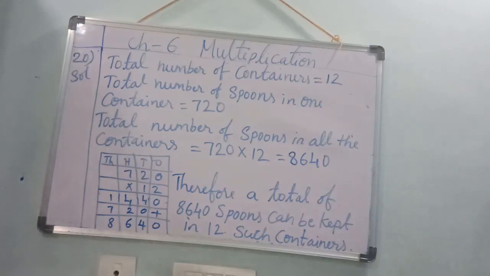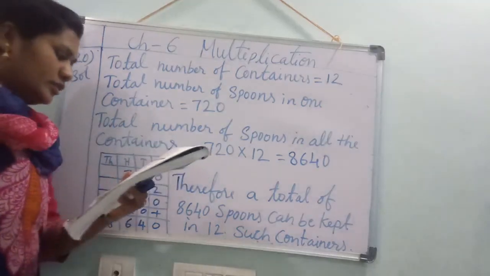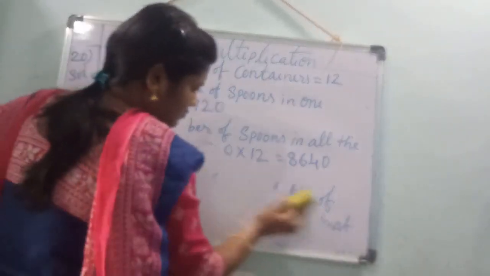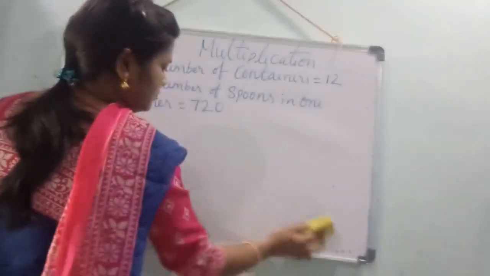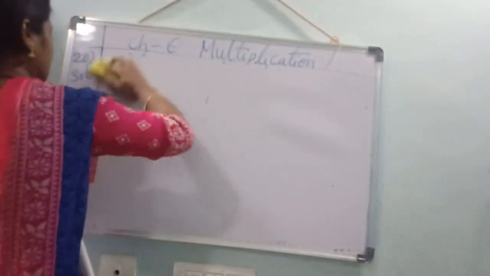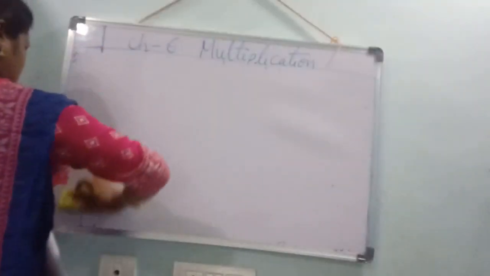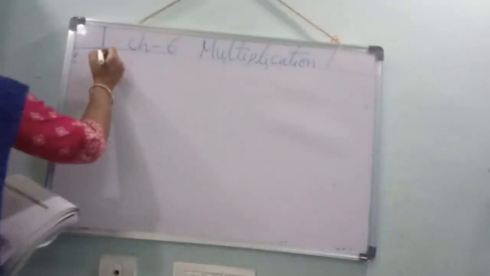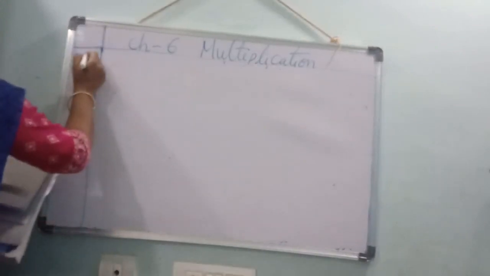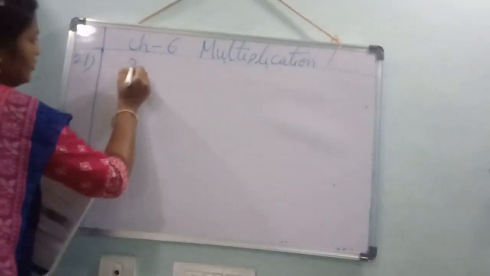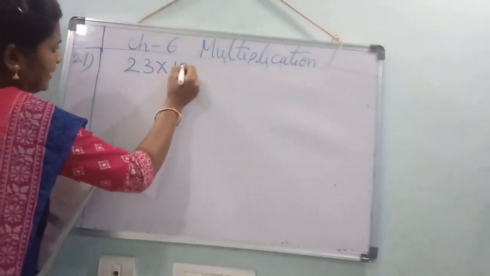Children, higher order thinking skills. Multiply 23 and 10. 23 into 10.